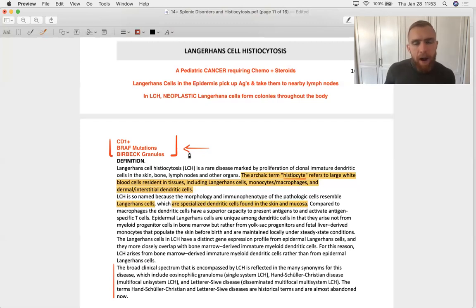So the Langerhans cell is an antigen presenting cell. So it's essentially a macrophage, hence the histiocytosis. But the Langerhans cell is particular to the skin. And normally, Langerhans cells in the epidermis are patrolling, they're riding around like the cops, looking for somebody to pull over. And when they find someone, they're like, oh, we got a speeder.